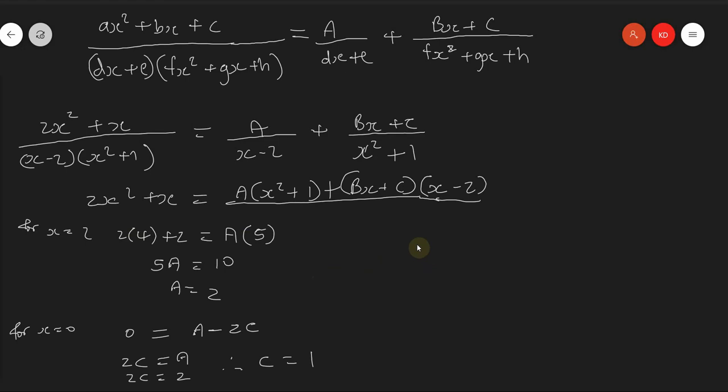So therefore, for x equal 1, we would have 2 times 1 there, plus 1, which is 3.